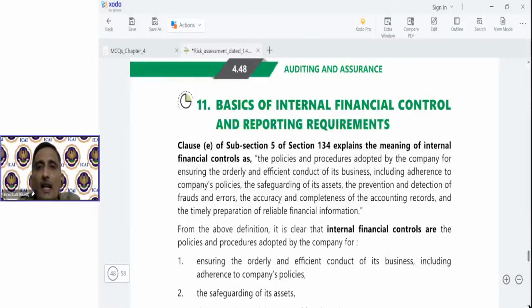For internal audit, there are standards on internal audit. But obviously, if the internal auditor is a chartered accountant, then by his qualification and experience, he knows how an audit is carried out because he has read all those standards.